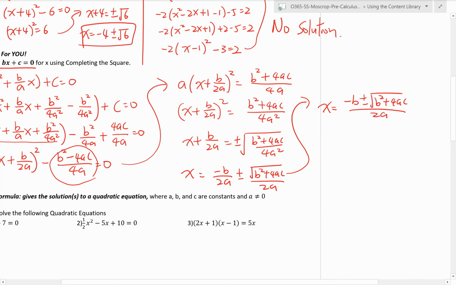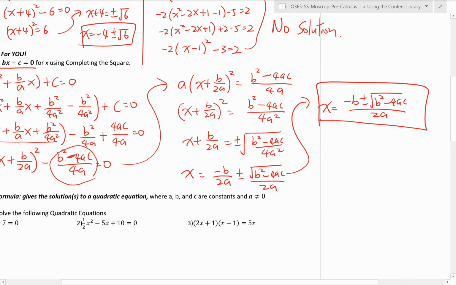Oh, wait a minute. I just realized I made a mistake here. This should say b squared minus 4ac. I don't know why when I moved it over, I turned that into a plus 4ac. Okay, that's better. B squared minus 4ac. There you go. This is your quadratic formula.